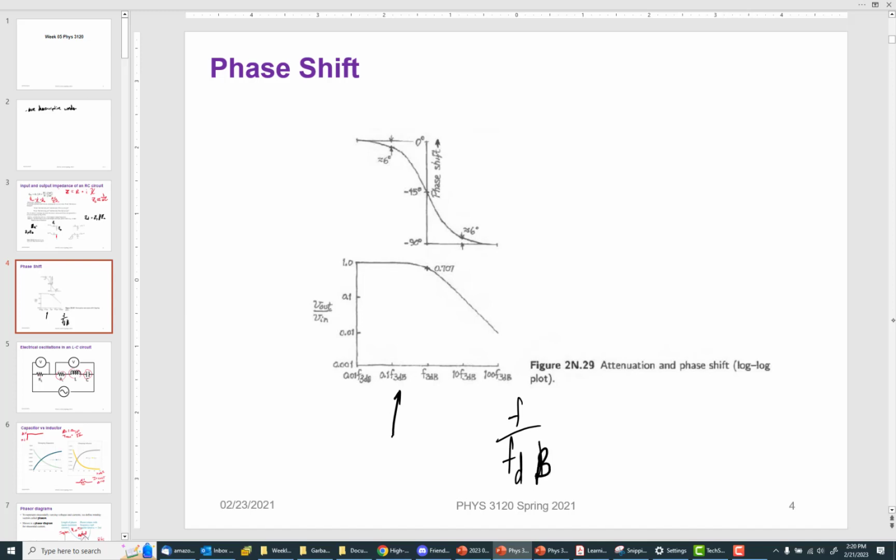Oops. It's not critical, just so you know what you're looking at. And then that way you could compare any circuit. And the 3 dB point, see there's one of them, is the square root of 2 over 2. But what I want to discuss is the basis for the phase shift.